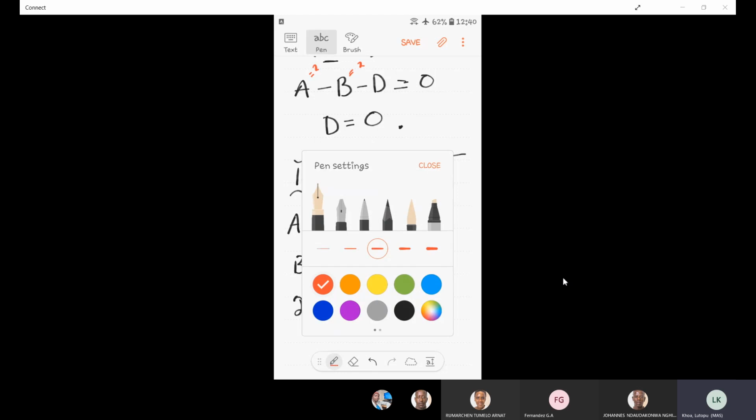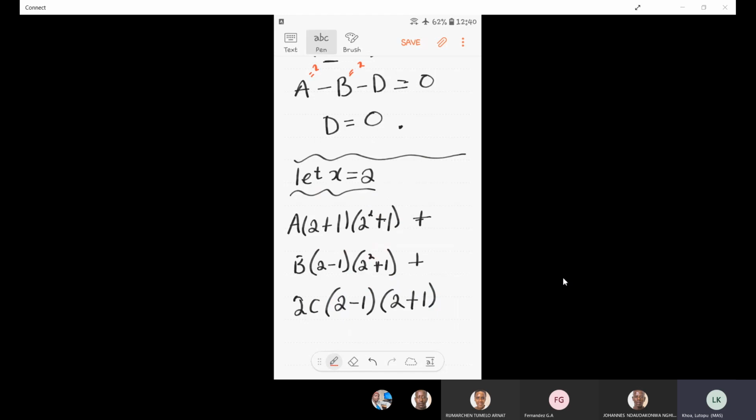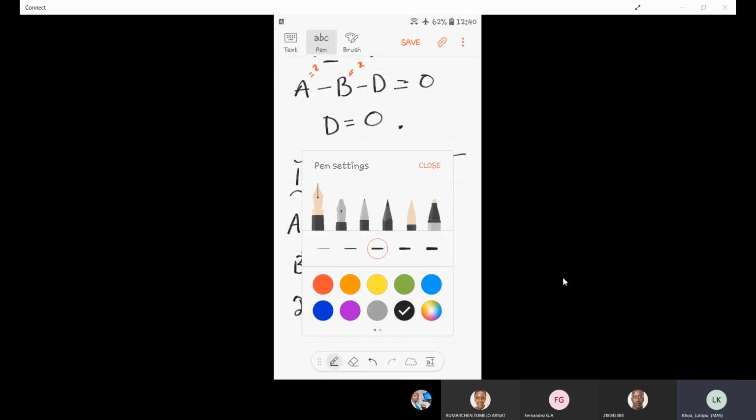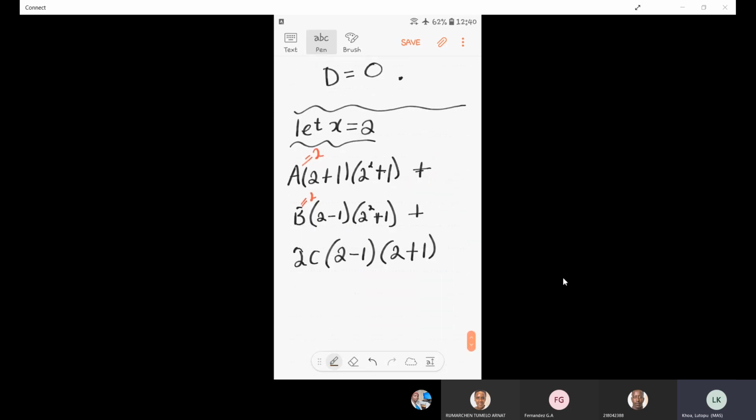But remember, a is 2 and b is also equal to 2, so you substitute that in your calculations as well. Then the right hand side, if I substitute 2, I will have 2 squared, 2 cubed plus 6 times 2 plus 2.